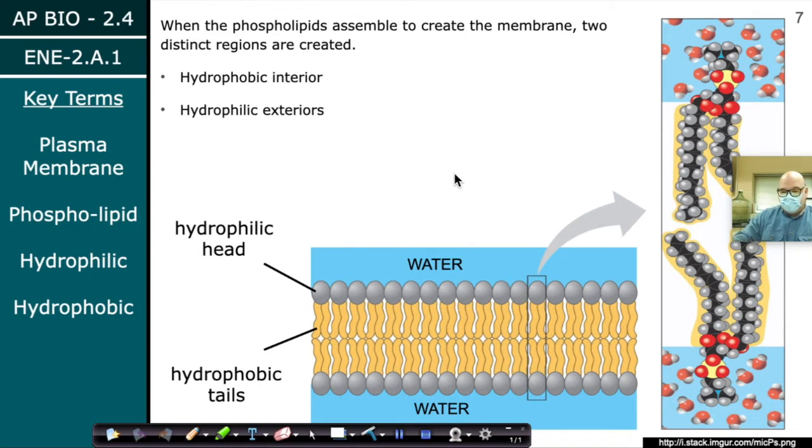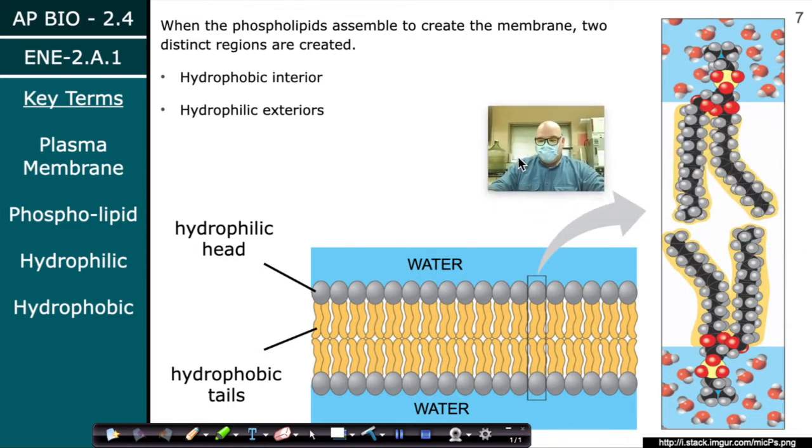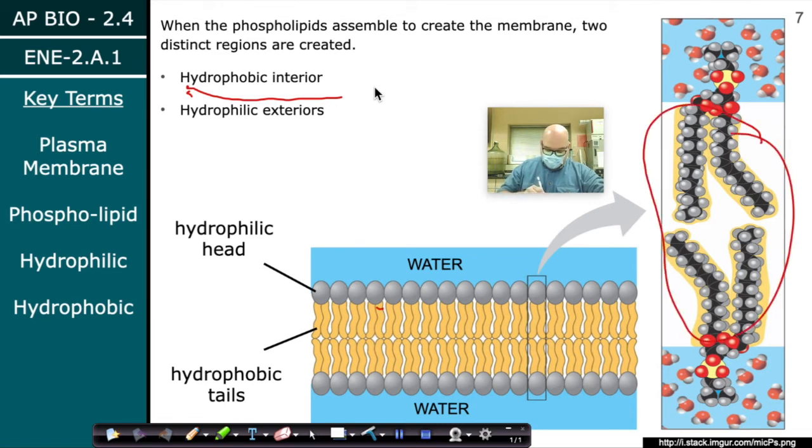So this should start making sense to you. Over here is sort of a molecular view of this, and down here is sort of the cartoon view of this. And you basically have two very distinct areas. You have a hydrophobic interior. That's this area right here, or this area right here. And you have a hydrophilic exterior.